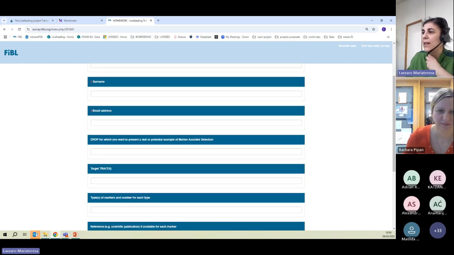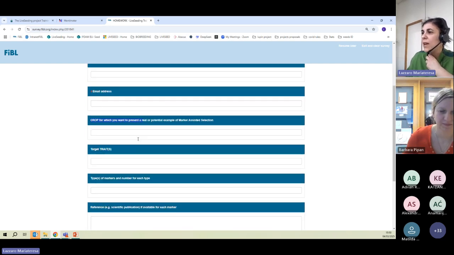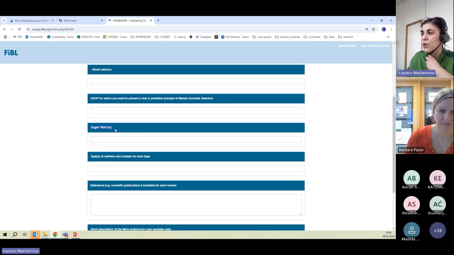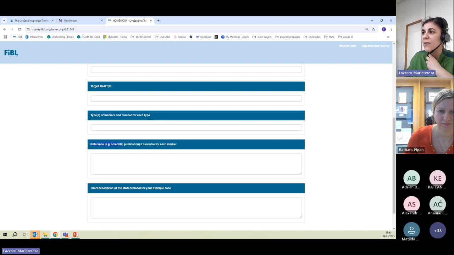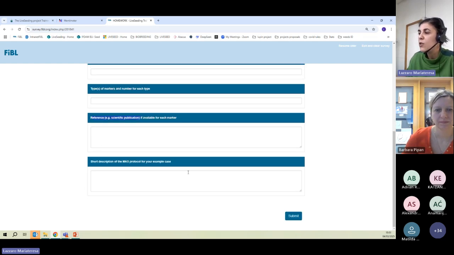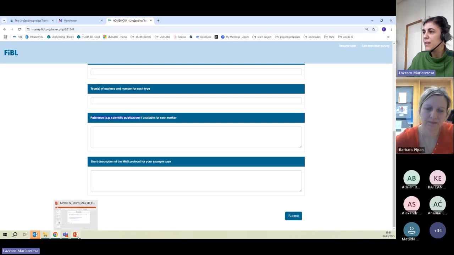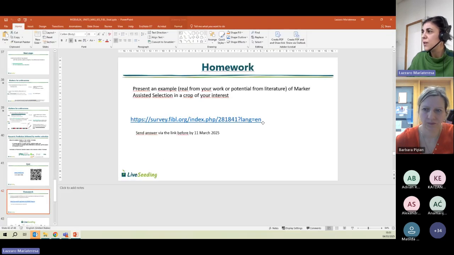We would like you to pick a crop of interest and the target traits for which one can apply marker-assisted selection, the type or types of markers and the number for each, to provide the references, for example, the scientific publications from which this marker was picked for use in marker-assisted selection, and to provide a short description of the protocol in your example case. And we would be very glad if you can respond to the survey.